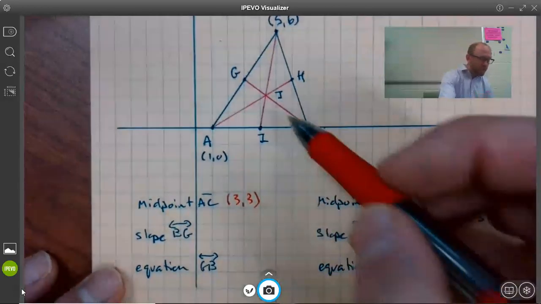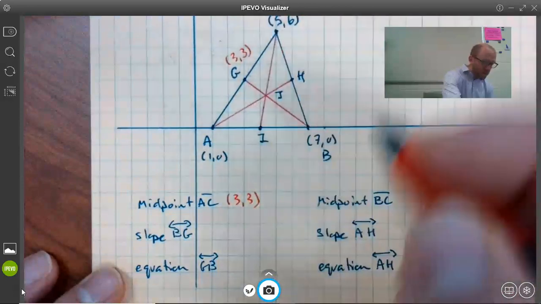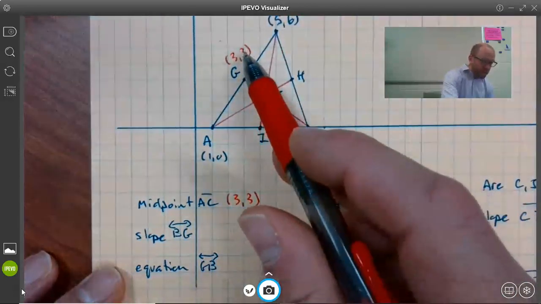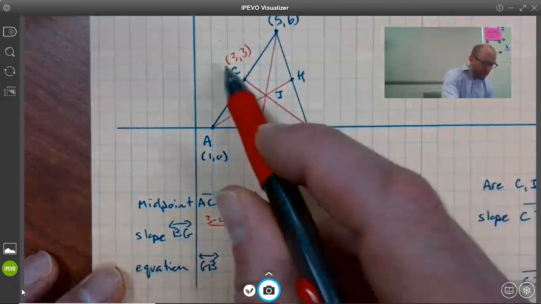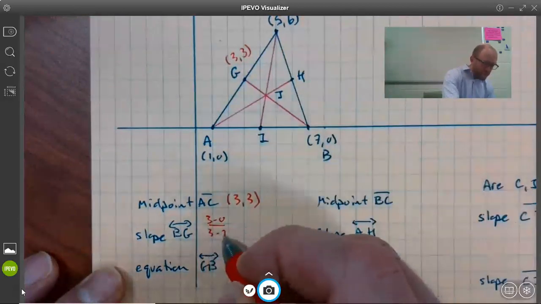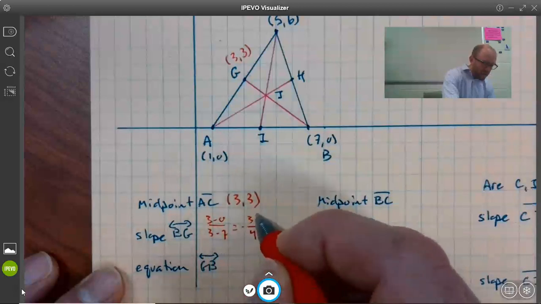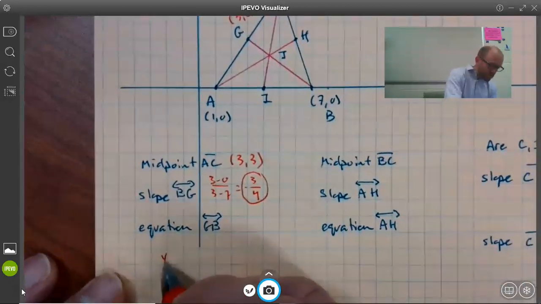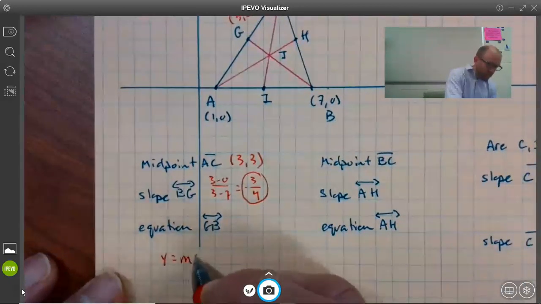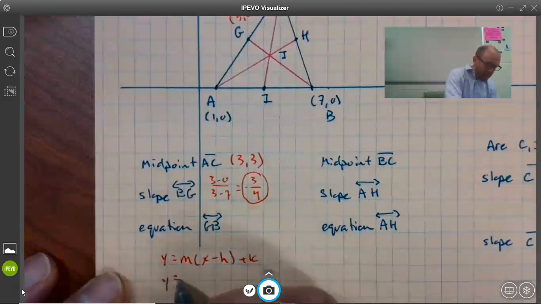The slope of this segment here, so we're at 3, 3, is 3 minus 0 over 3 minus 7, which is negative 3/4. So our equation is y equals m times x minus h plus k.